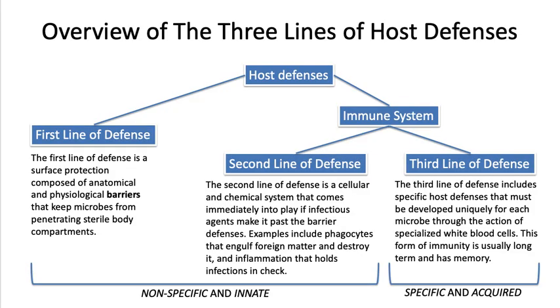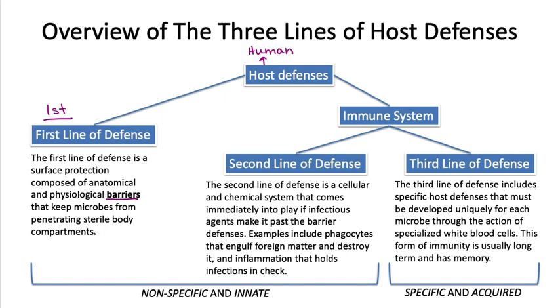So we're going to start with an overview of the 3 lines of host defense. So host would include the human being infected. So from our perspective, we would be the host if we are infected. And the first line of defense is going to be a system of barriers that keeps microbes out of the body.